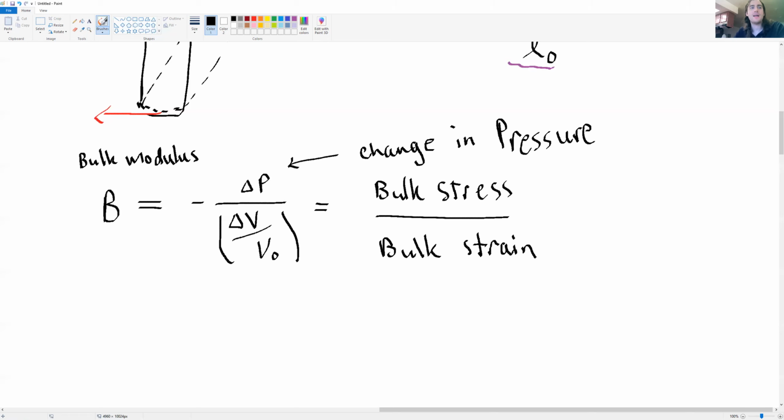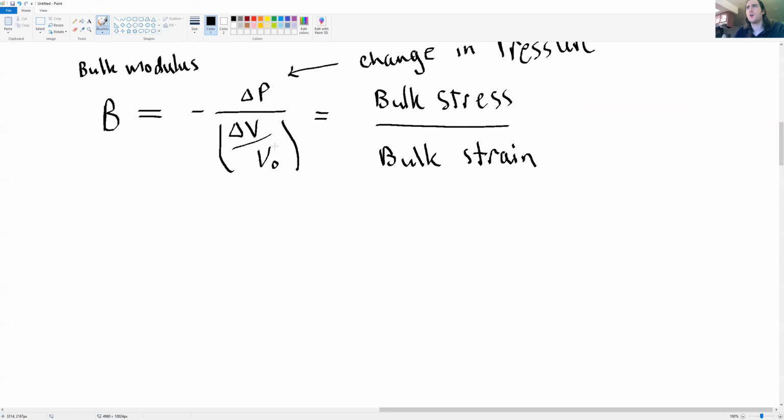The minus sign there is to indicate that if there is a positive change in the pressure, then the volume of the object or the system in question will decrease. So let's get a picture to go with that.